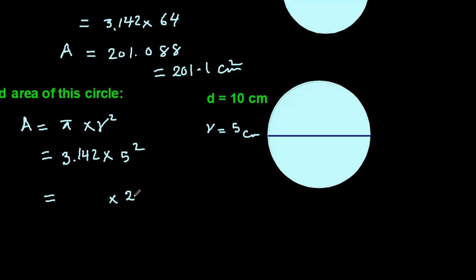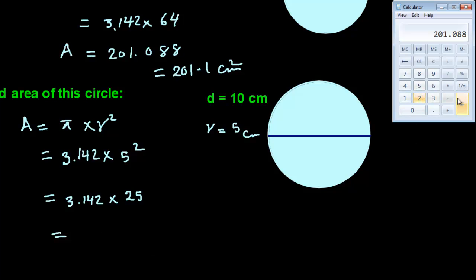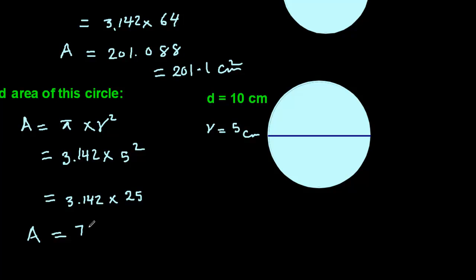So 5 squared is 25, and I will do 3.142 times 25 on the calculator, which gives 78.55. So I should write down that the area of the circle is 78.55, and to one decimal place it is 78.6 centimeters squared.